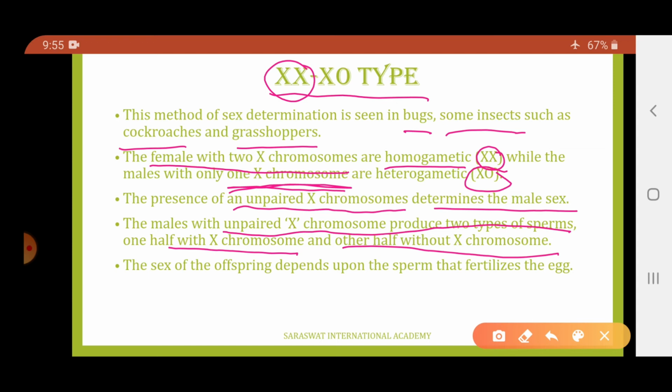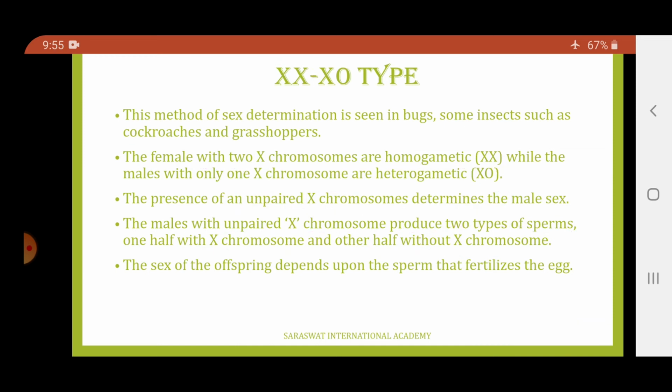Suppose the sperm which carries the X chromosome fertilizes the egg, then that individual will be female. But if the sperm which is without the X chromosome fertilizes the egg, then it develops into the male.